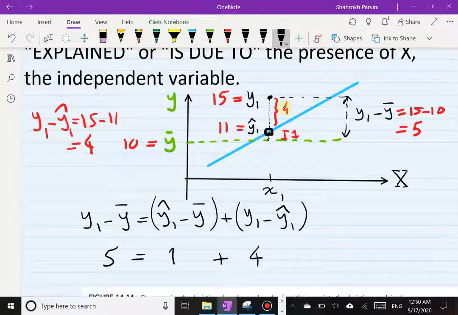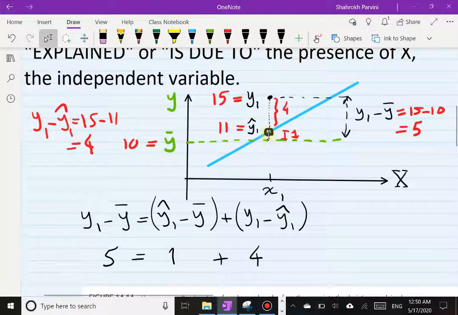Notice, by the way, that the distance between y1 and y hat 1 is rather large relative to the distance from y hat 1 to y bar. So here's a case where the predicted value is too far away from the actual value, isn't it? The predicted is 11 where the actual is 15.